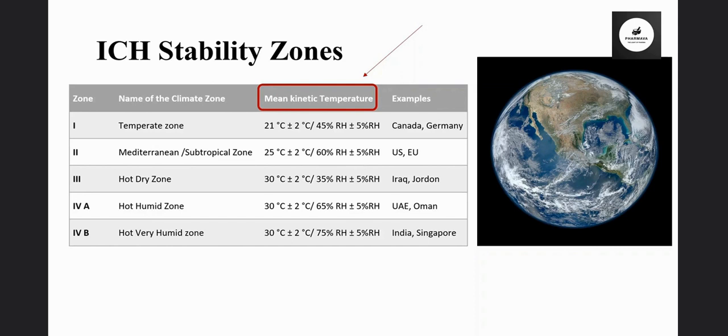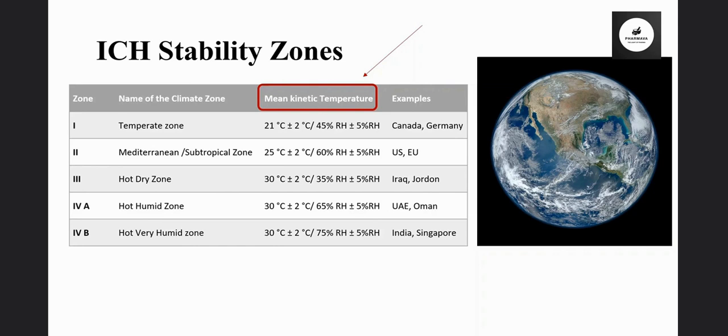Now if I have to give you an example of this, take the example of India. In India, in summer there are regions where the temperature goes above 45 degrees centigrade, and in winter there are places where the temperature falls below 10 degrees centigrade. So it is not constant. The temperature varies over time around the year.